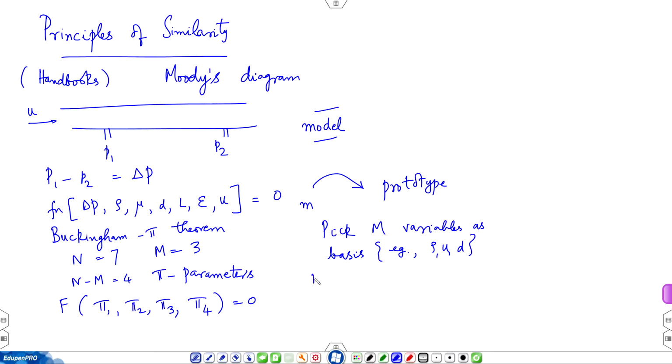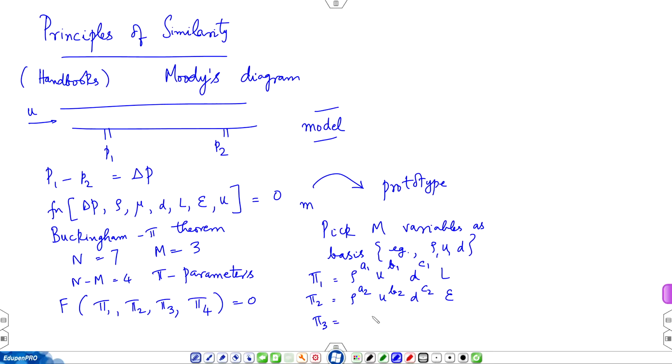Then pi 1 can be written as rho to the power a 1, u to the power b 1, d to the power c 1, and then here you pick one of the variables that is left out, let us say L. Pi 2 will be rho to the power a 2, u b 2, d c 2, and let us say epsilon.